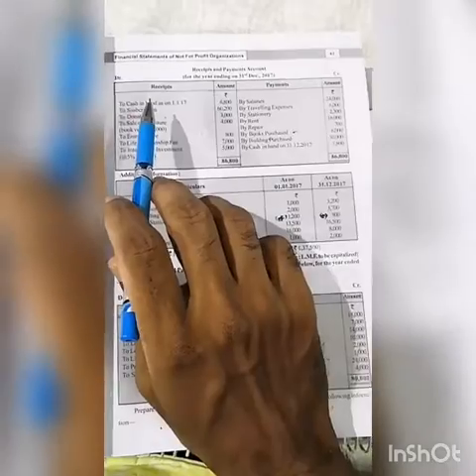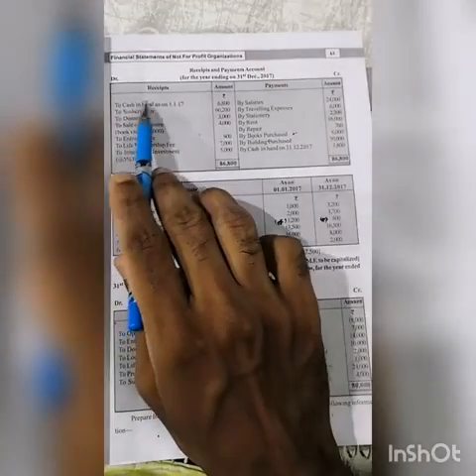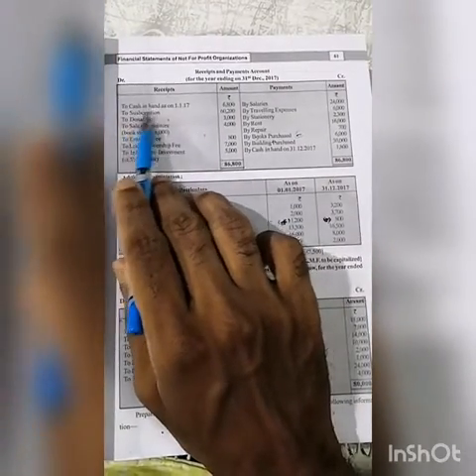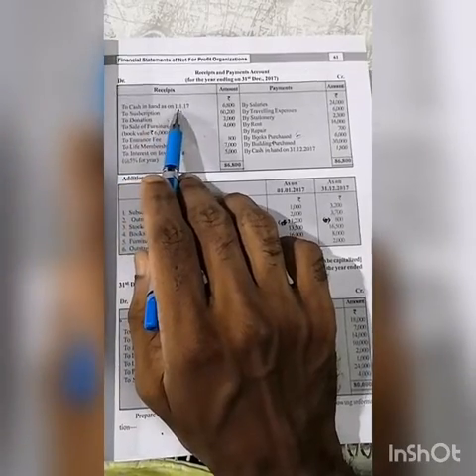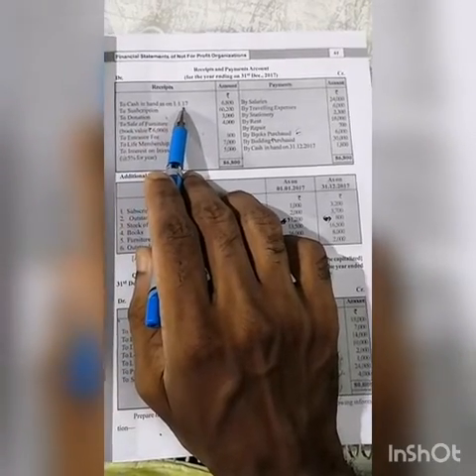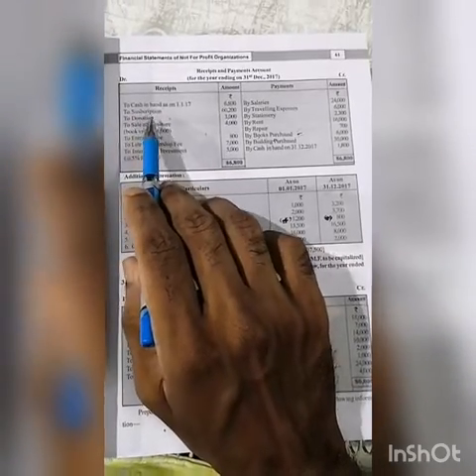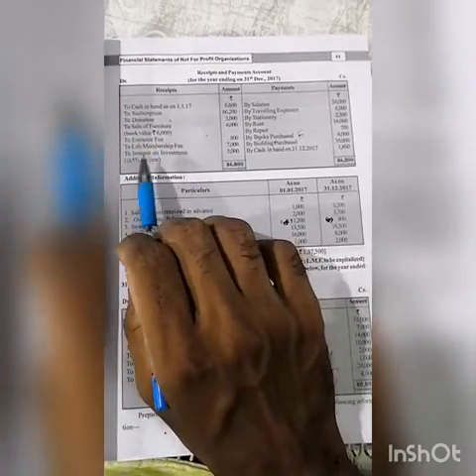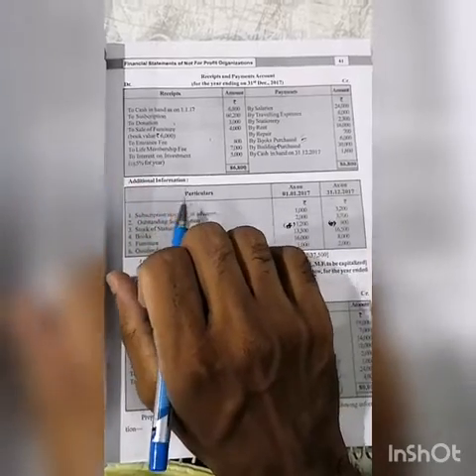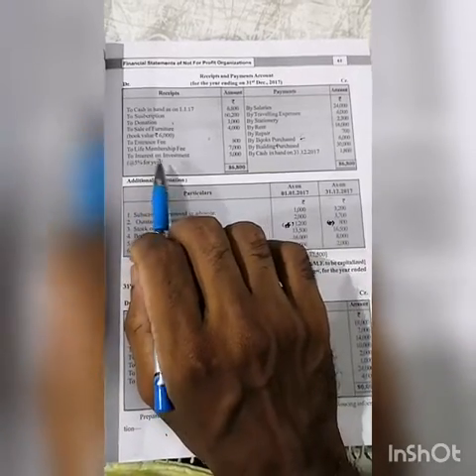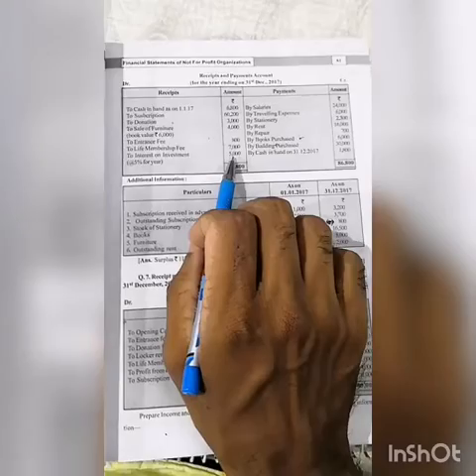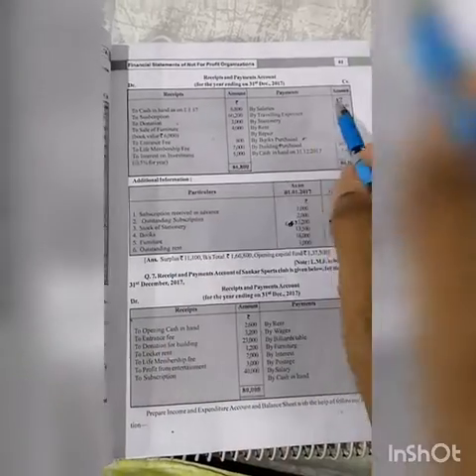Firstly we have seen that in the receipts column there is an opening cash balance on 1st January 2017, and there is a subscription, donation, sale of furniture, entrance fees, life membership fees, and interest on investment, that is 5,000.